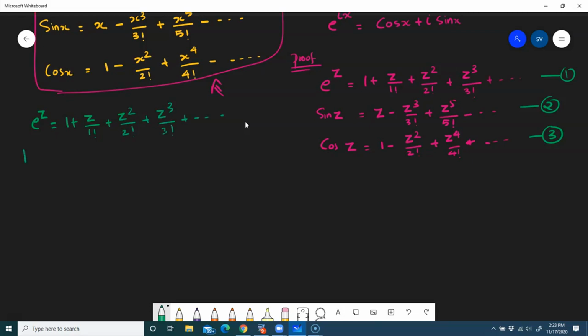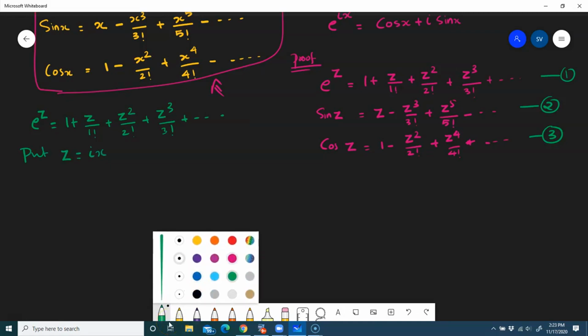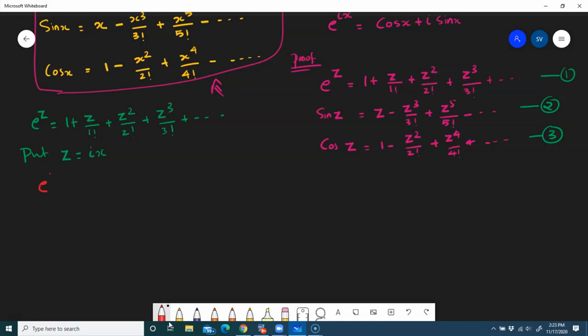I am putting a substitution here: put z equal to ix. That is my substitution. So what will happen to this equation? The equation becomes e raised to ix equal to 1 plus ix by 1 factorial plus (ix) square by 2 factorial plus (ix) cube by 3 factorial and so on.